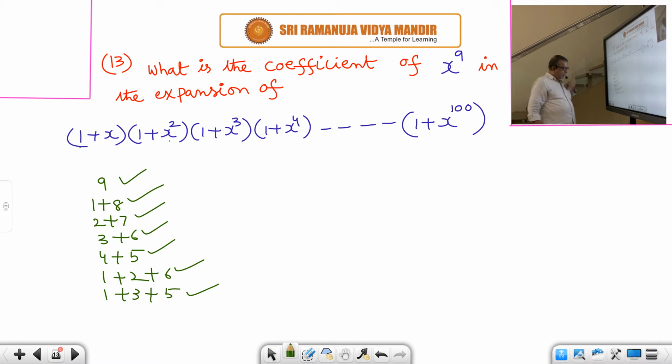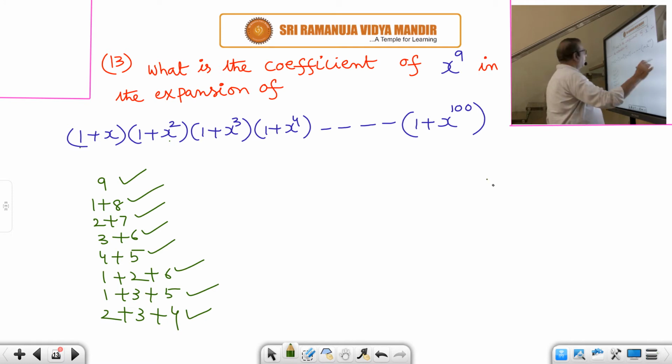I think the answer is 8, so I have missed one. Let me see. 1 plus 2 plus 6, 1 plus 3 plus 5. We can start with 2 as the minimum: 2 plus 3 plus 4. So the count is 8. The coefficient of x power 9 is 8. That is the answer.